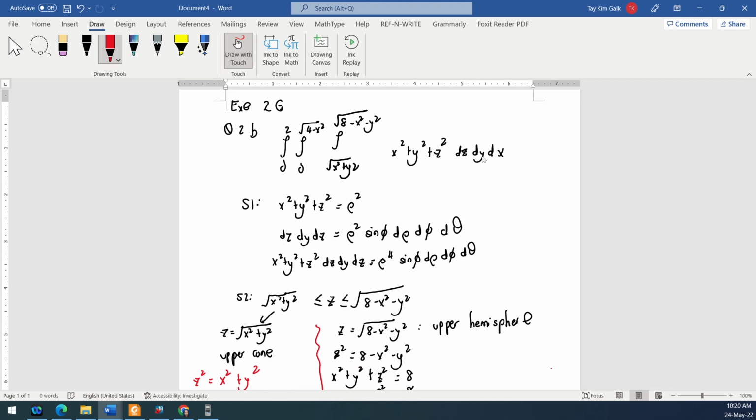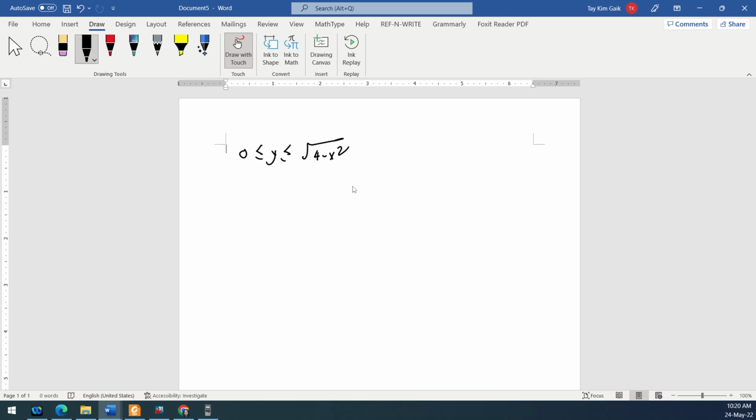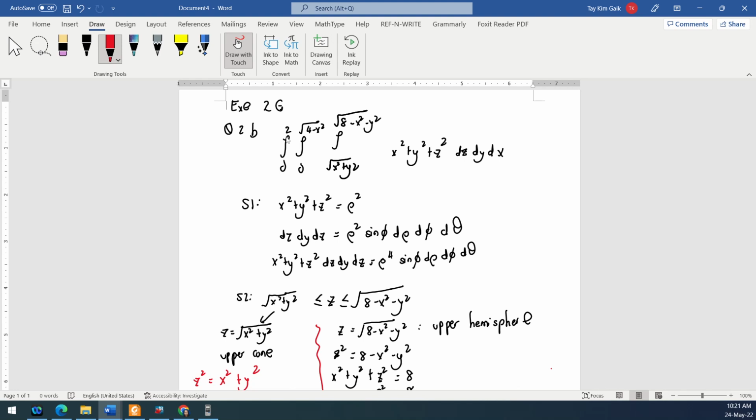The second integral is dy, so y equals 0 until y equals square root of 4 minus x squared, which is positive. The x-axis is y equals 0, with negative 2 and positive 2. And the limit for x is from 0 to 2.